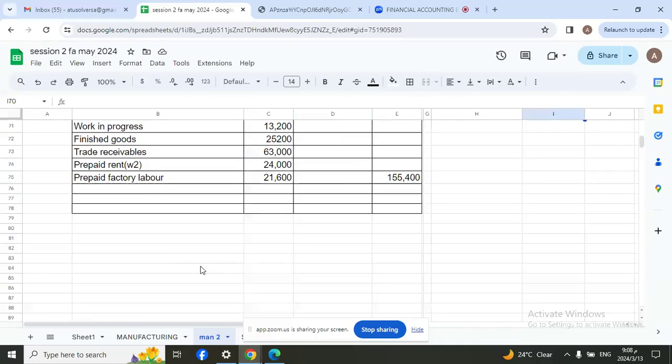So when we get our totals, we get our total assets.